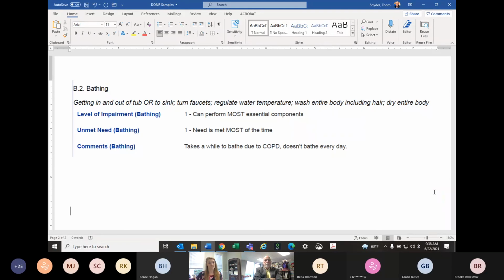Okay. And to Bené's point, COPD doesn't necessarily explain to me why she can't turn water faucets or regulate water temperature. It doesn't say anything about whether or not she can get in and out of the tub either.